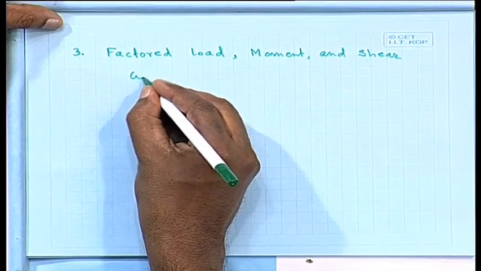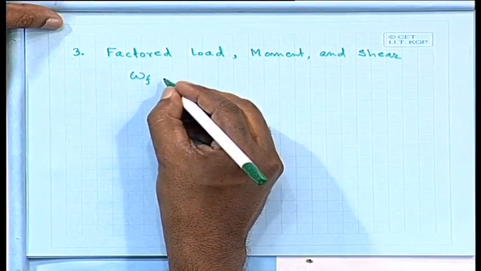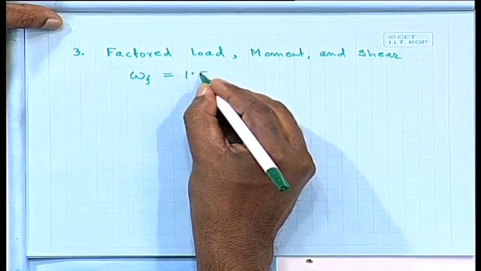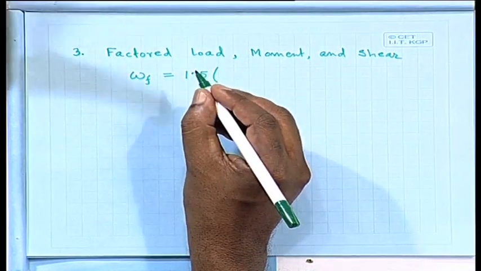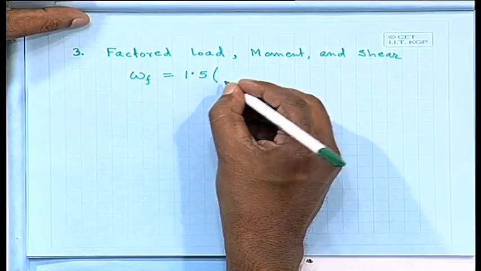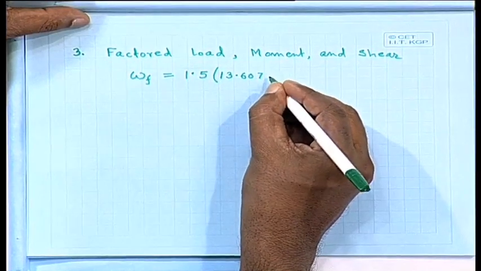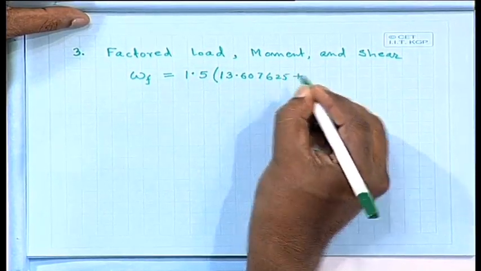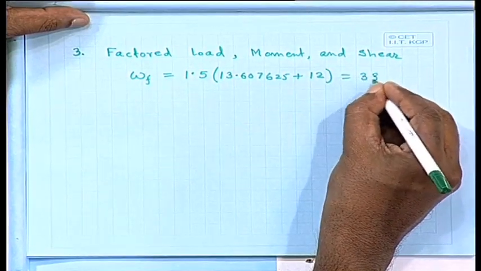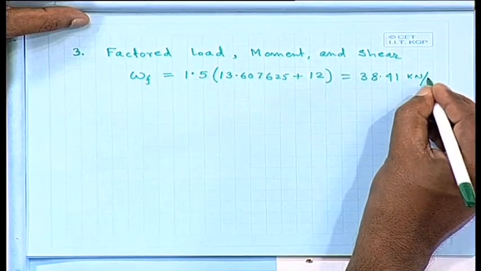Let us say WD, or we can take WF, the design load, that is the factored load. Since it is not mentioned, and we are taking only dead load and live load, we shall multiply with 1.5, which comes as 1.5 times dead load plus live load, equals 38.41 kilonewton per meter.